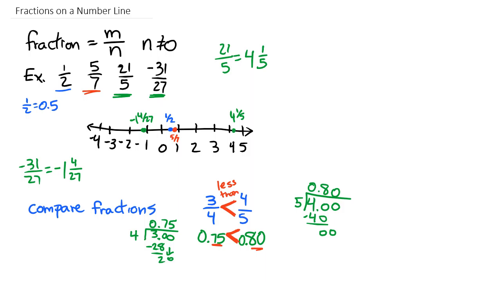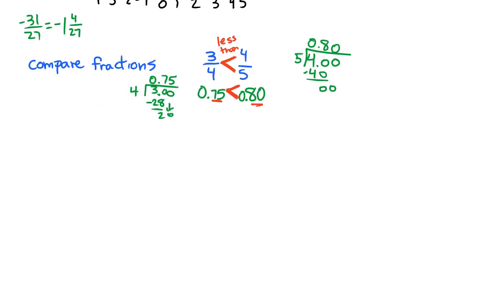Okay, let's take a look at one more in terms of if it was negative. So let's say that we have two fractions. Let's say negative 1/2 and negative 5/6. Okay, so we need to compare equal decimals.